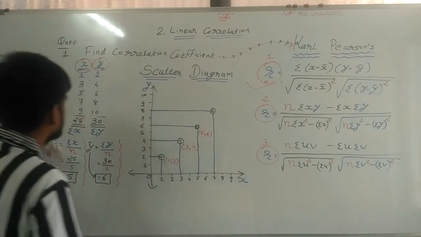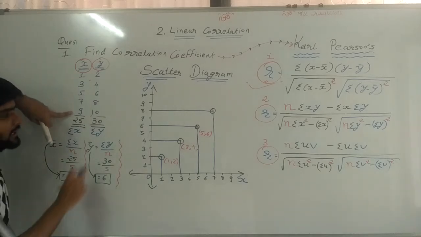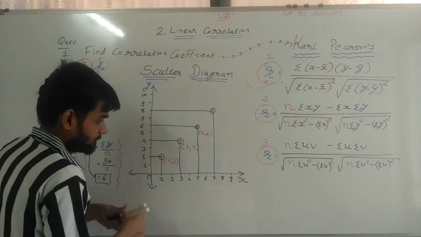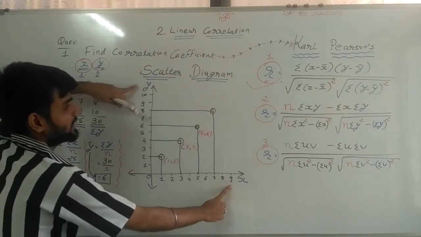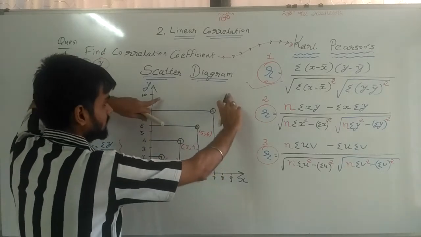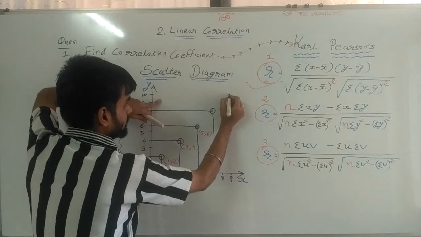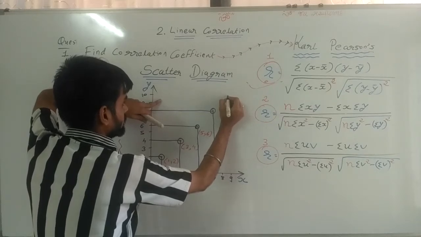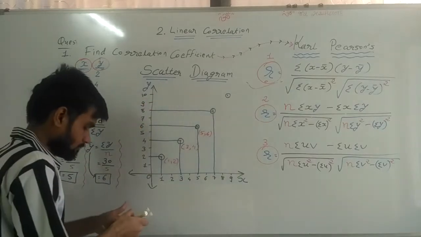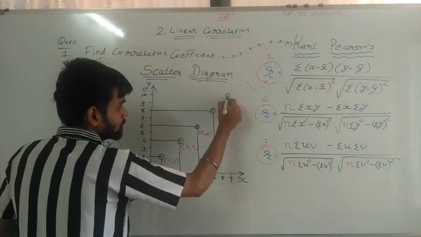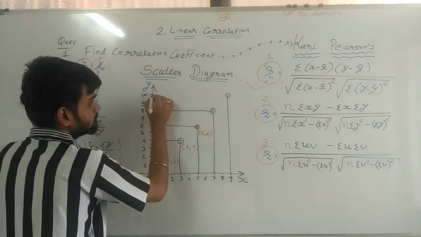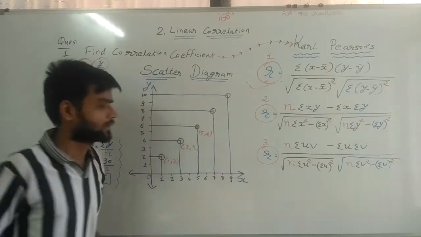Now the last point is 9 and 10. So on the x-axis 9 and on the y-axis 10. So make a point where both are combined. 9, 10.